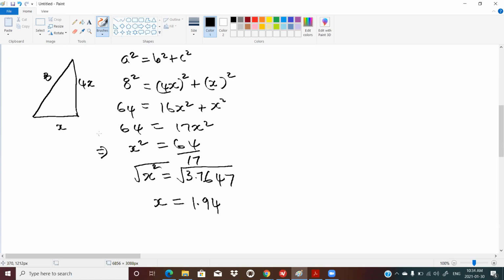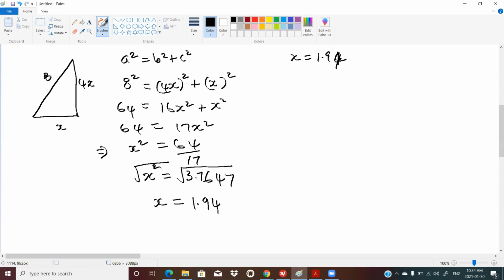So if x was 1.94, let's check it out. Of course, rounding happens, so it's not going to come back exactly to 8, right? So 4 times x, 4 times 1.94.